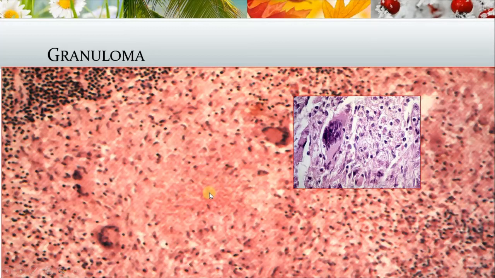So the amorphous area is known as caseation necrosis. The area of necrosis is characterized by AGE: amorphous, with no morphology; G, granular, this area is granular.